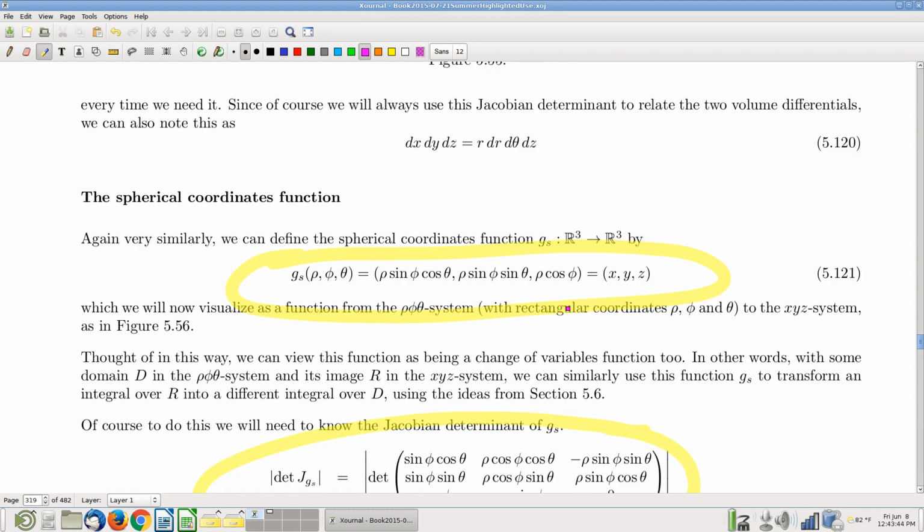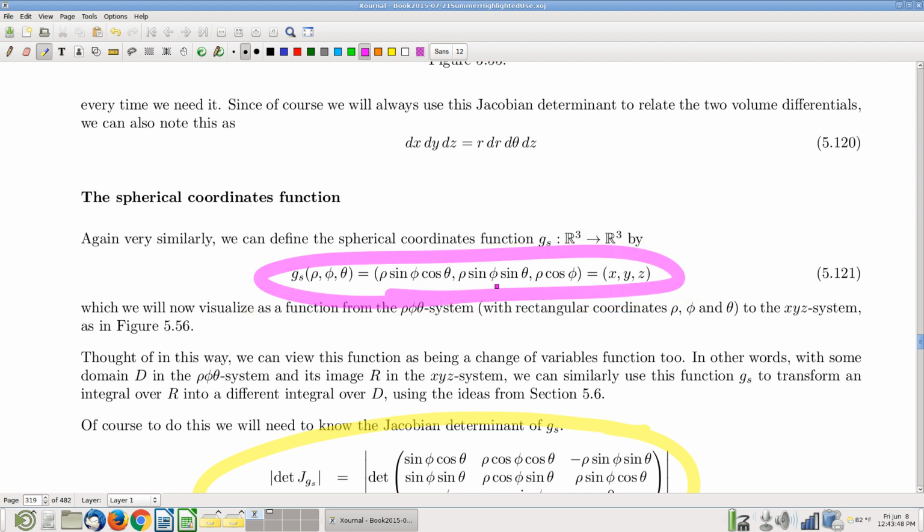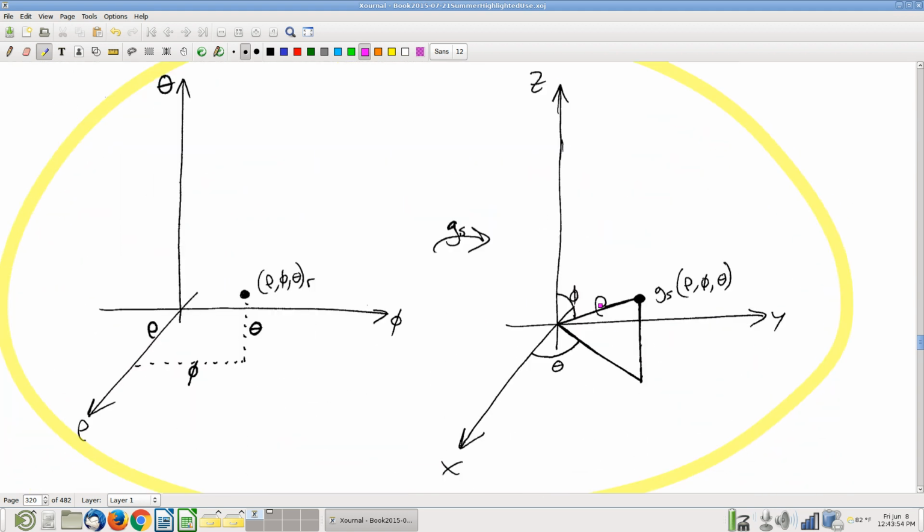Okay, you can do the same thing in spherical coordinates. Very often convenient. Again, don't forget we have these formulas for converting spherical to rectangular coordinates. Again, you can view that as a change of variables function from rho phi theta space to xyz space.